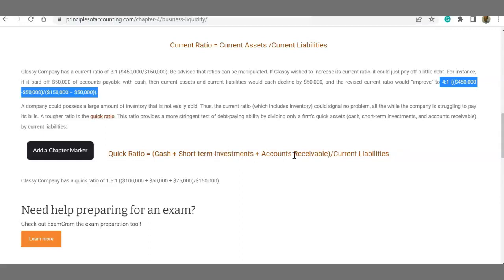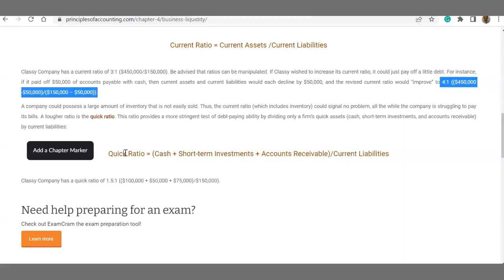And then accounts receivable. Those are 3 things that are very, very liquid, with no supplies, no inventories, no prepaid rent, no prepaid expenses, none of those, just actual liquid items, which are those 3 things.